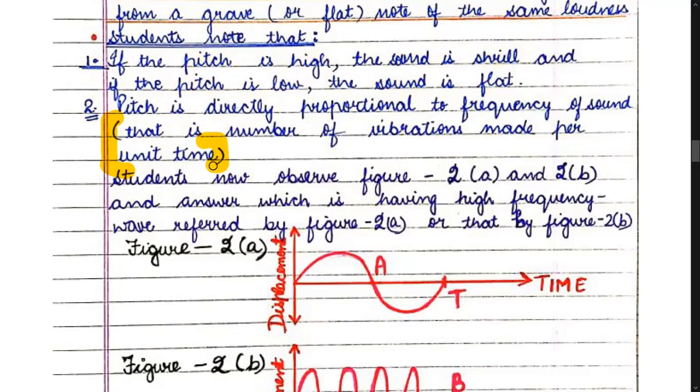Number of vibrations made in 1 second, or number of vibrations made per unit time. So pitch is directly proportional to frequency. What does it mean? It means that more is the frequency, more is the pitch, and more shrill is the sound.